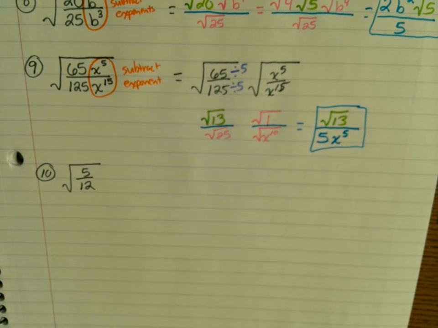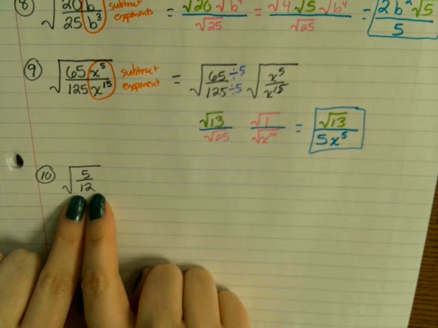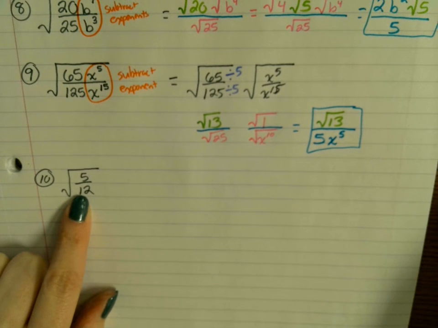Rationalizing the denominator means that you're just going to multiply both the top and the bottom by your denominator. That's it. So if I break these apart, I'm going to break these both up into their non-perfect squares, the square root of 5 and the square root of 12.